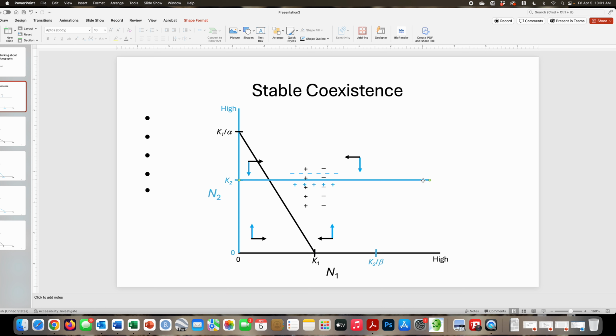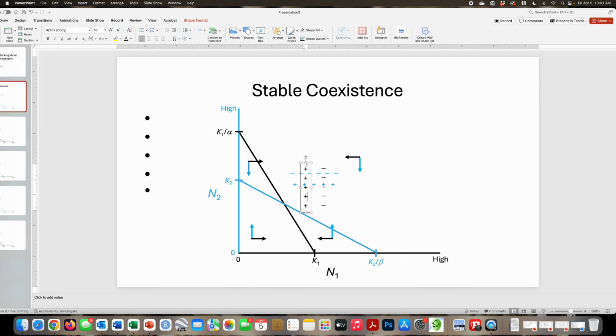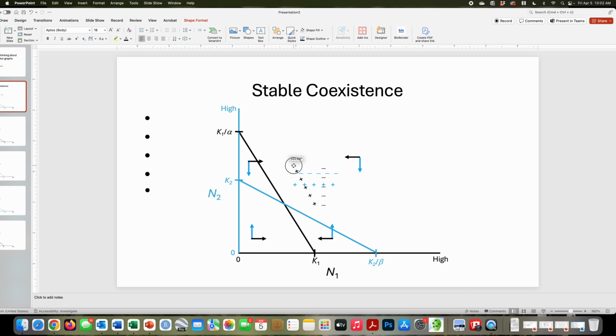And in a similar way, species 1 reduces species 2's carrying capacity until it finally drives species 2 to extinction. And now we can get rid of all of these values here, or we can put them in the proper place.